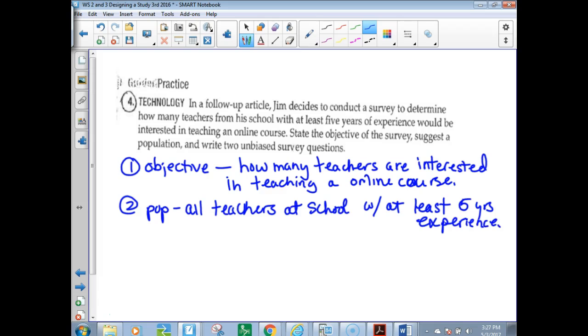So are you going to assume that you're only going to pull those people with 5 years, or are you going to pull all the teachers? That kind of might be a question. So state the objective. We did that. And 2 questions.